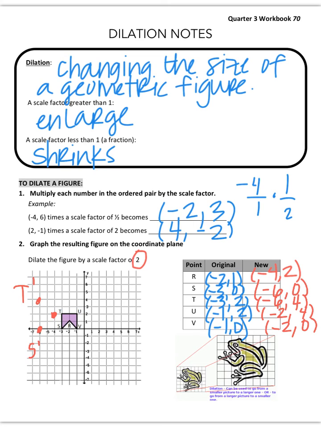U prime is negative 2, 4. And V prime is negative 2, 0. Be sure you put that prime, the apostrophe. So there we go. We've dilated that by a scale factor of 2.